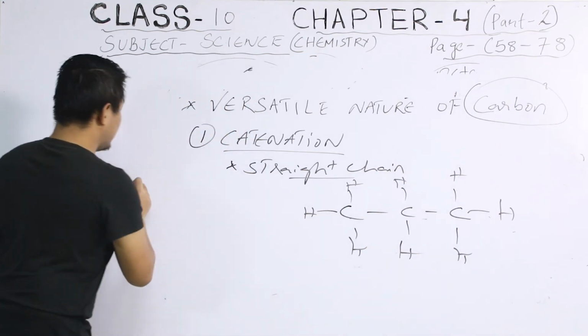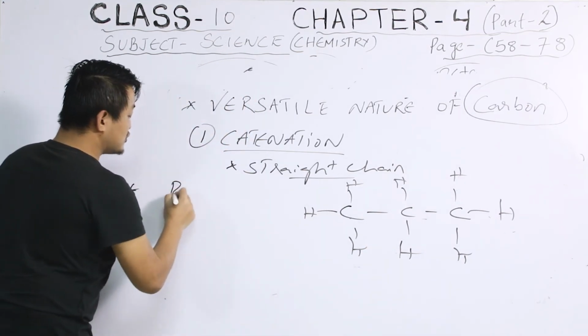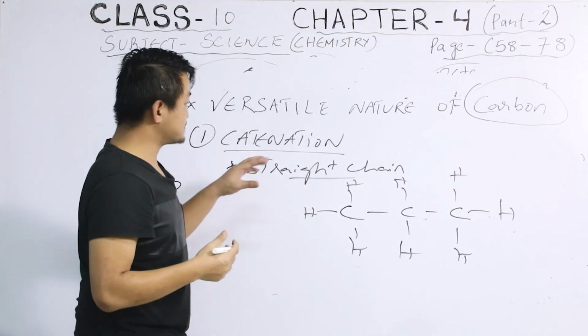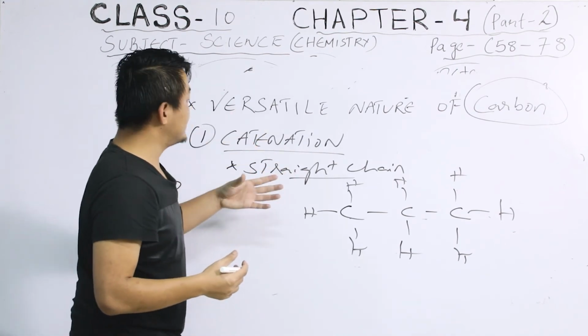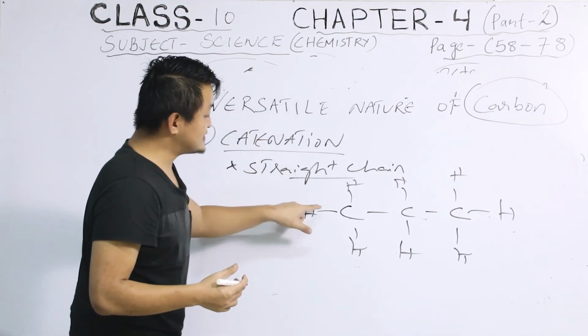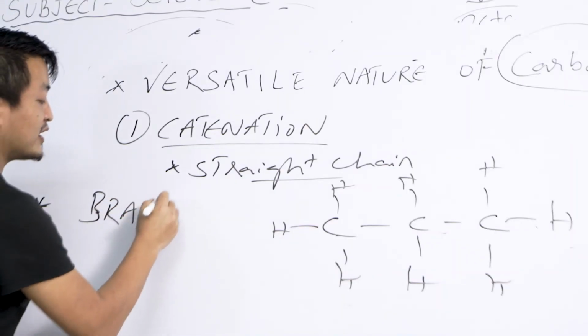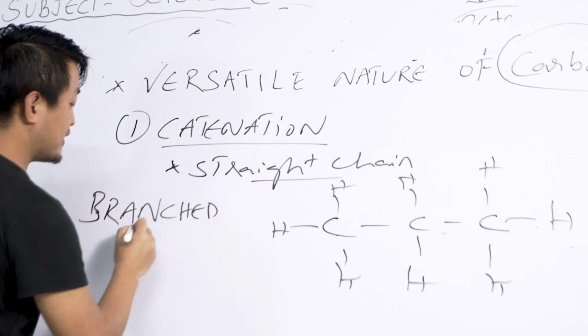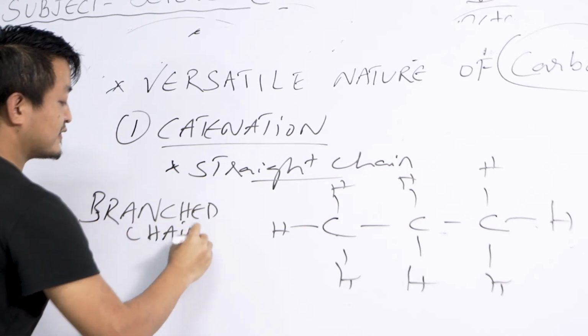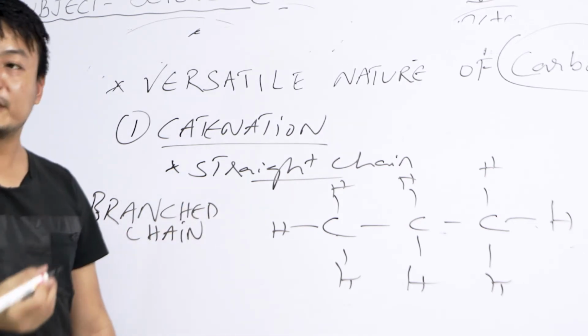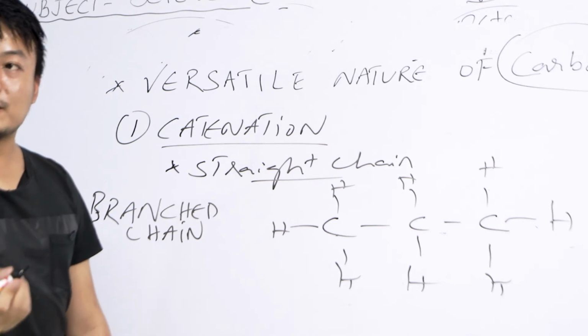Branch chain. Now carbon has also another very important property under the catenation. This is straight chain, right? We also have a branch chain. Now let's use the example butane. Butane means 4 carbon, right?